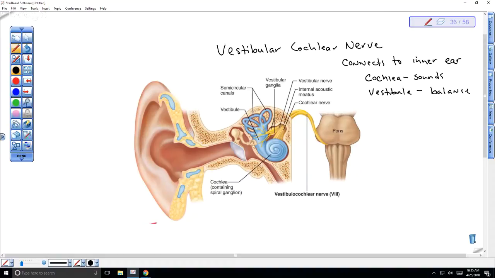Right? So if somebody has damage to the vestibular cochlear nerve, they might have the inability to hear, but they might also feel really dizzy, right? So they have no orientation between what is up and what is down, orientation to gravity. And if it's damaged, then sometimes they'll feel like they're spinning. So this can feel like vertigo.